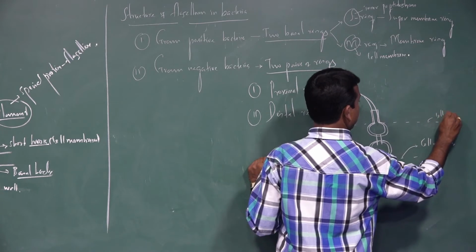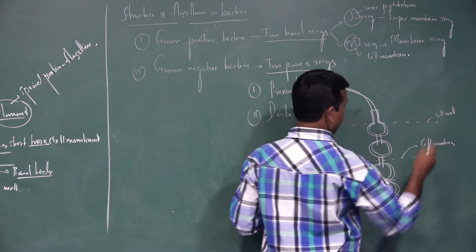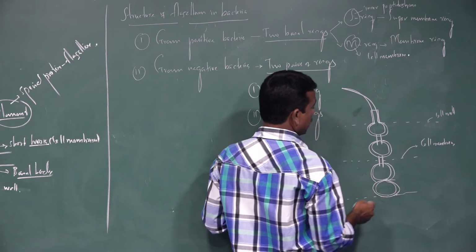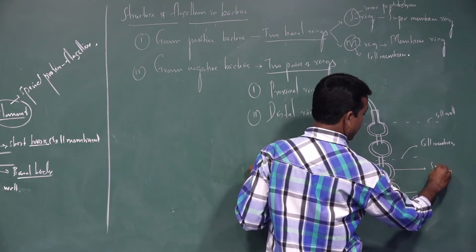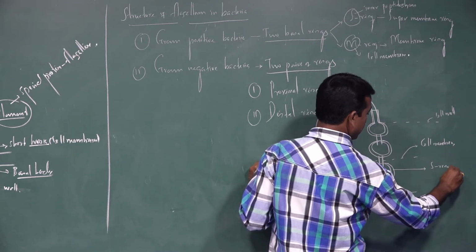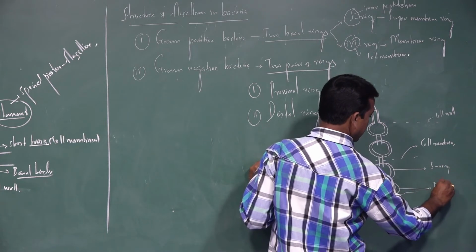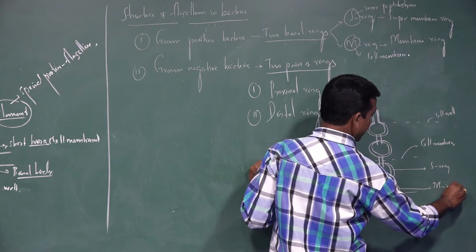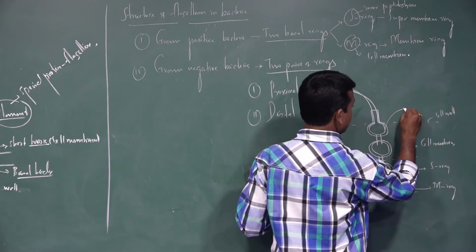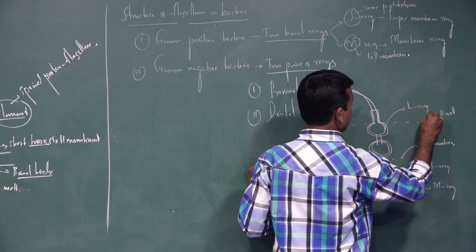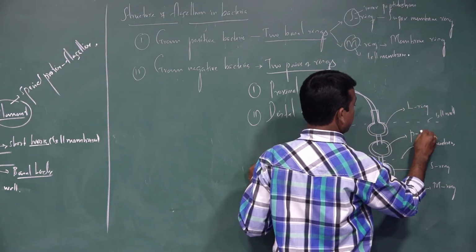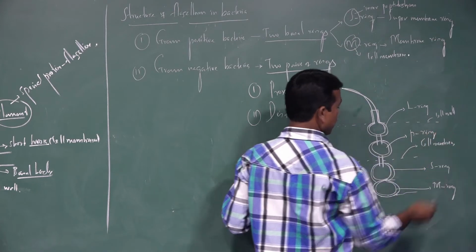This is the cell wall. Here, this is the S ring. This is the M ring. This is the L ring. This is the P ring.